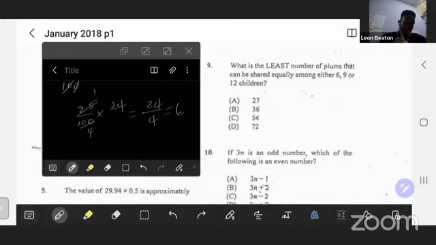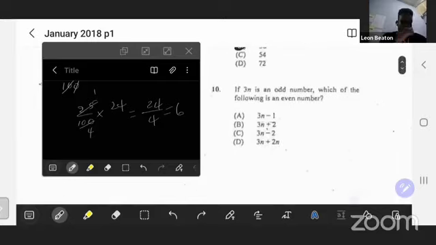Well, 27 is not a multiple of 6. 36, yeah, that could work. And 36 is the smallest number, so we can say 36 is the lowest common multiple. That's a multiple of 6, 9, and 12, and that is the smallest number among the numbers that we have here.